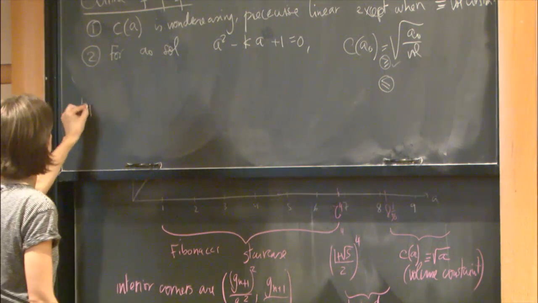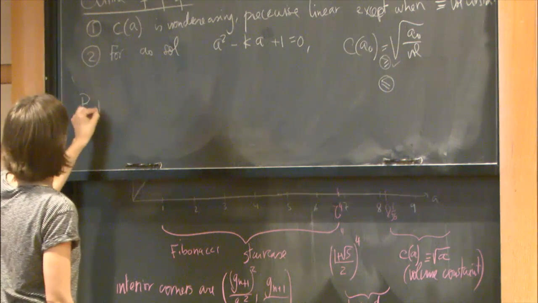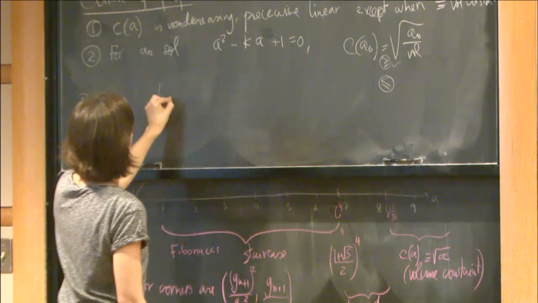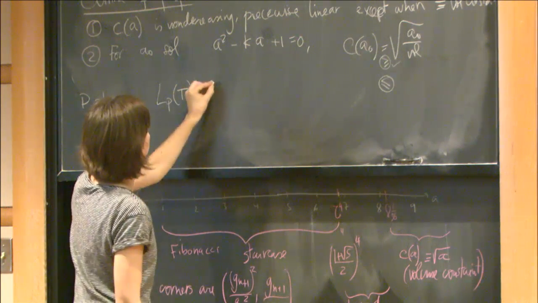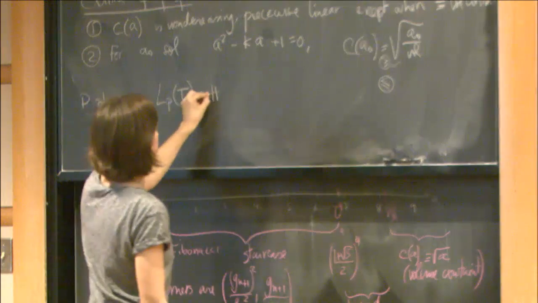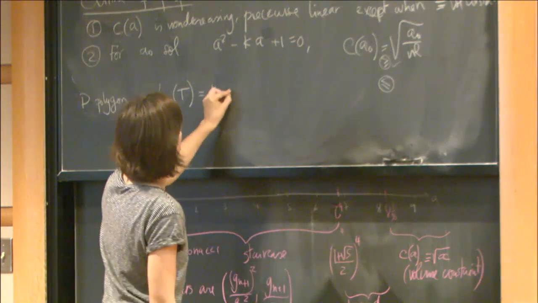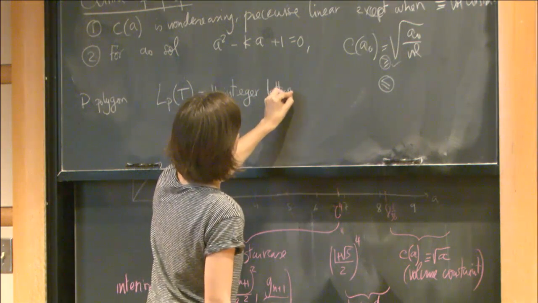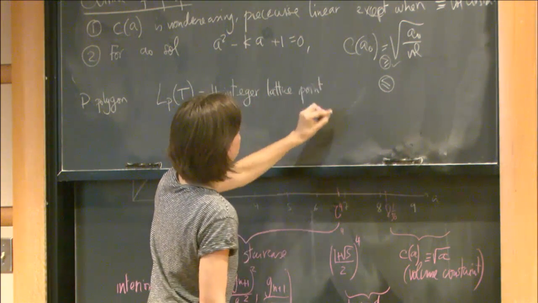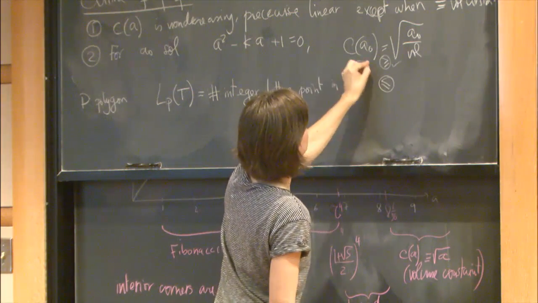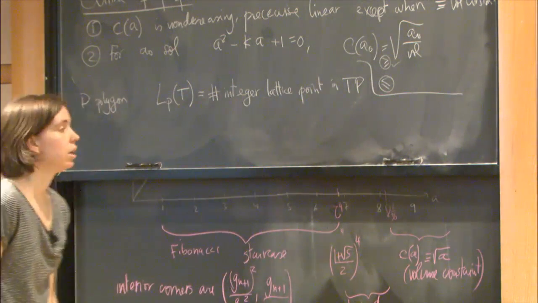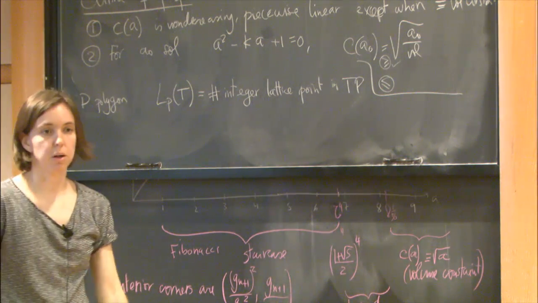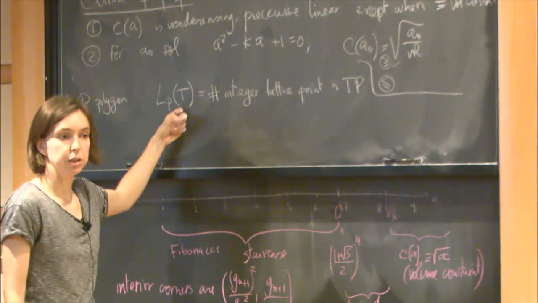So an Ehrhart function, if you have P a polygon, is equal to the number of integer lattice points in T times P. Okay, so in a scaling. And if P is an integer lattice polygon, then this is a polynomial.